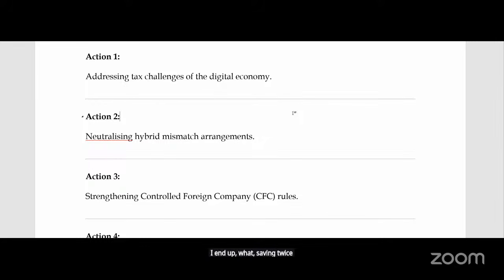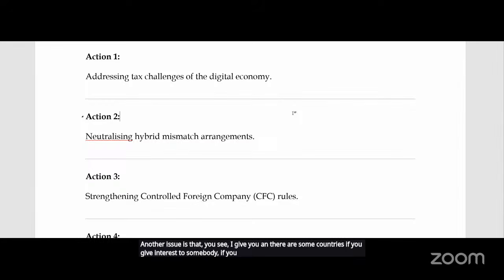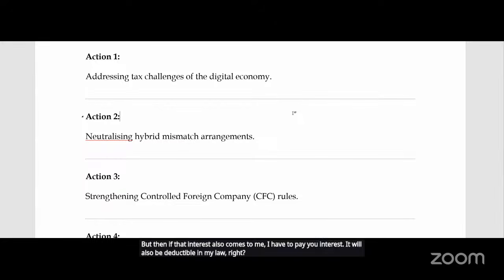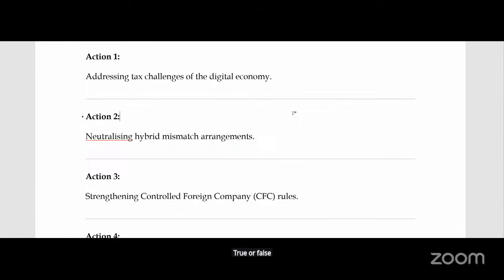Another issue is that there are some countries where, if you give a loan to somebody, the interest income you receive is exempt from tax. But then I have to pay you interest, and it will also be deductible in my law. True or false? True. So have I not gotten a double benefit?